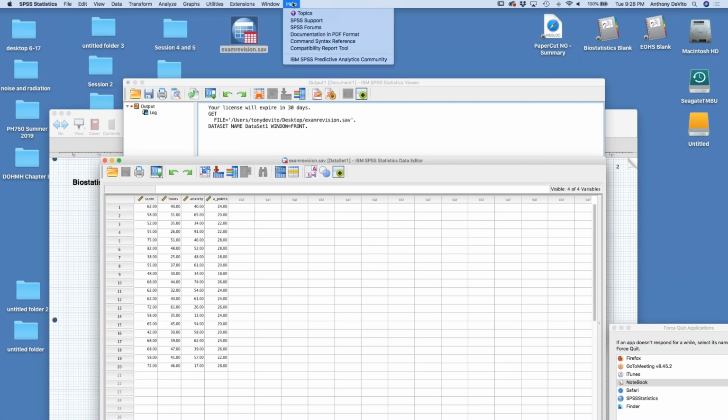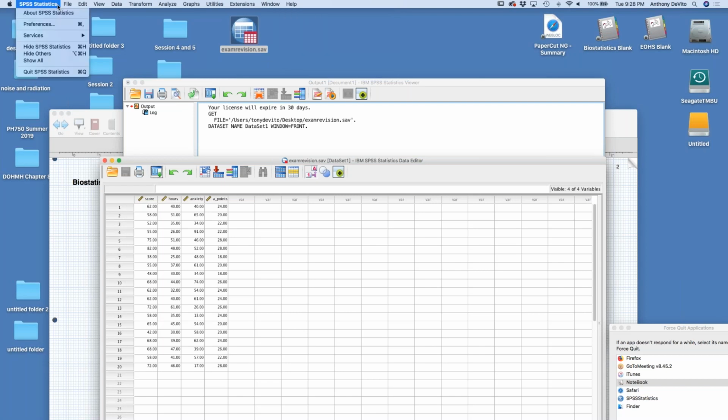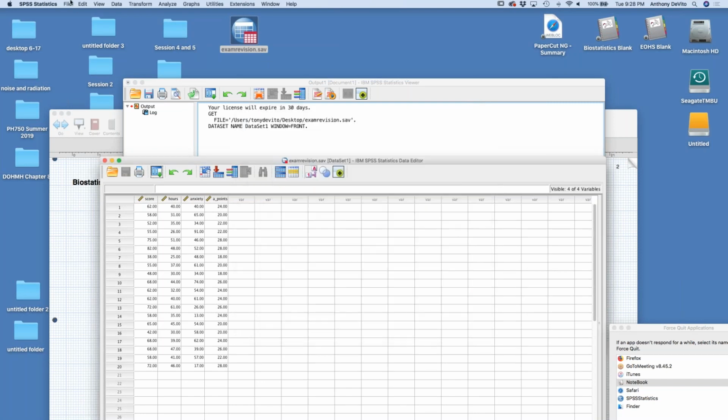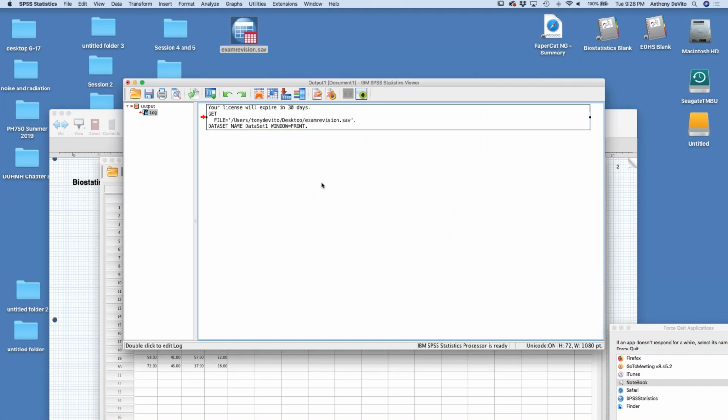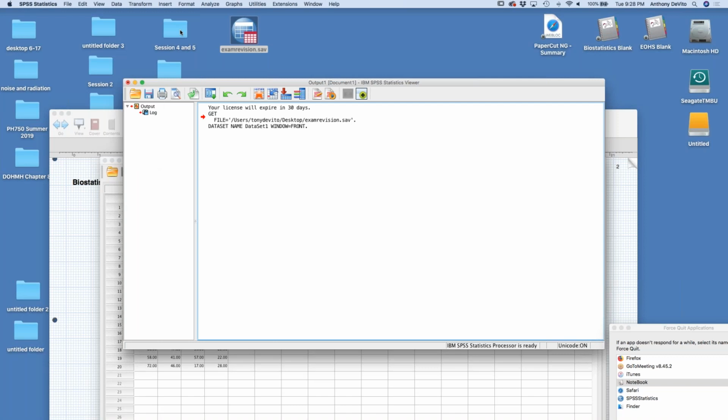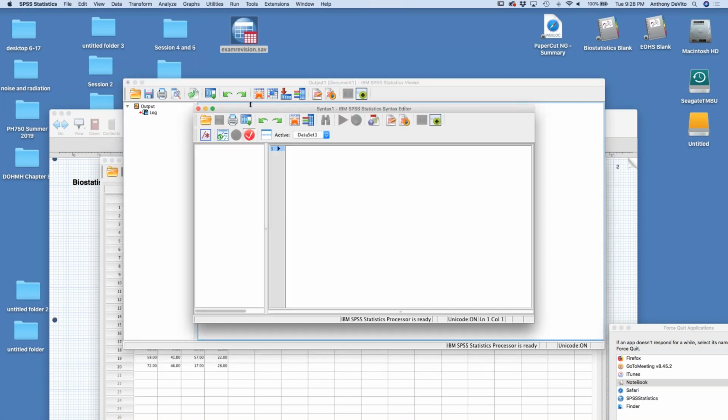Let me see if I can find it. Support. About SPSS. Let's see if it's got a date in here. I don't see it. You may have to go into the license file to see it. Actually, I think there's a command you can type in that tells you when the license expires.